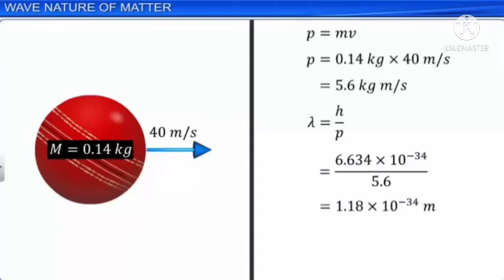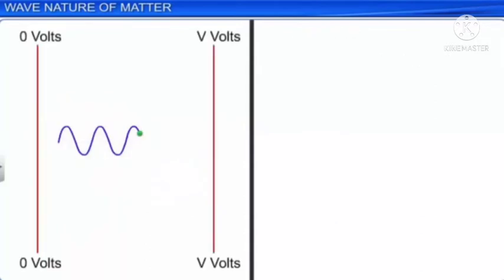The kinetic energy of an electron is equal to the work done on it by the electric field. K is equal to eV. Let this be equation 1. The kinetic energy of the electron is also equal to p squared divided by 2m, where p is its momentum and m is its mass.